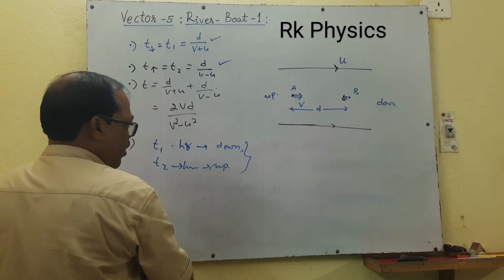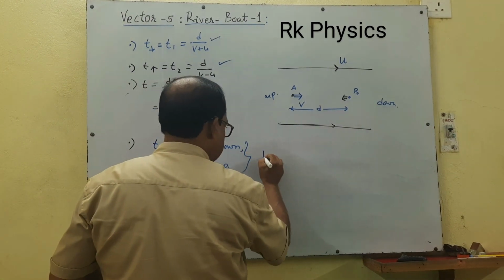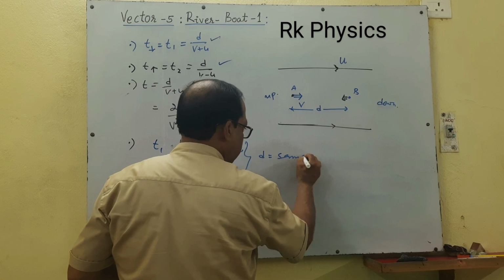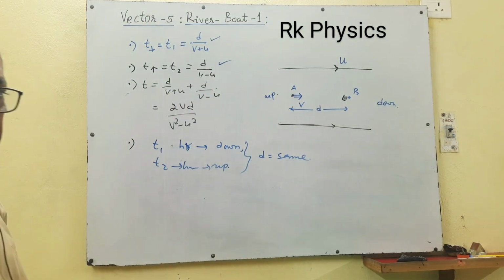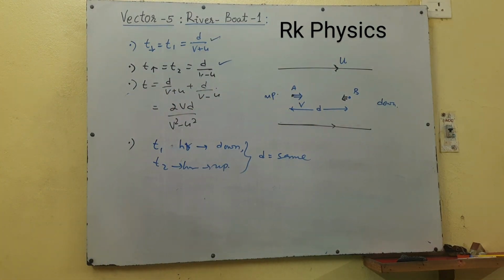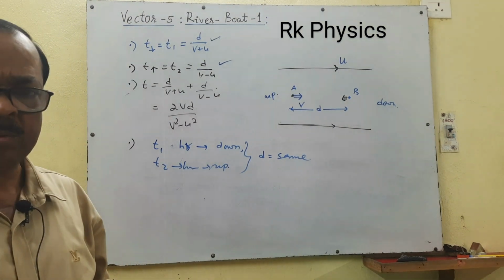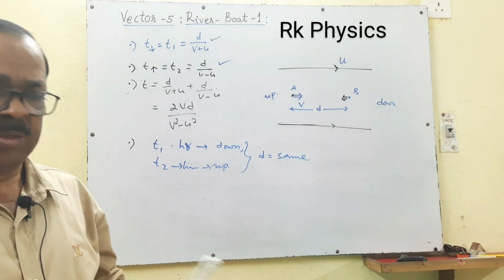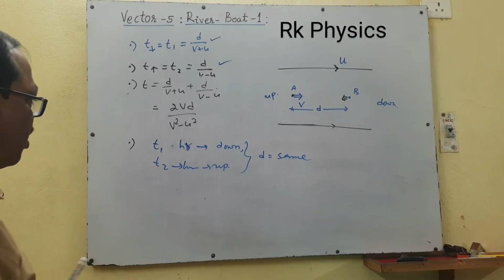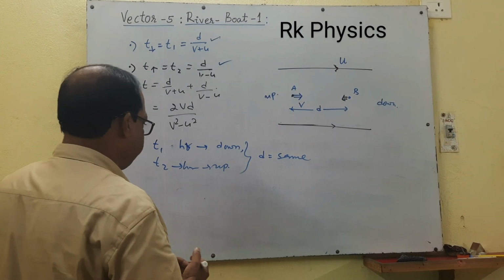The distance travelled is the same, meaning constant: A to B time is t1 hour, B to A time is t2 hour, the distance is the same, one is upstream, another is downstream.